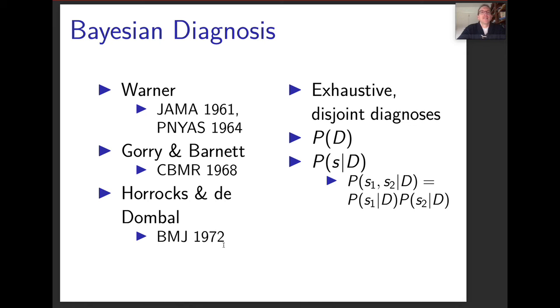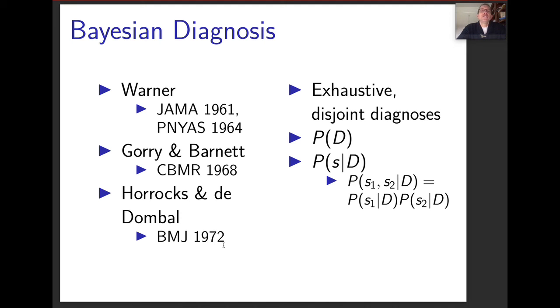And disjoint diagnoses mean you can only have one. I can't have both disease 1 and 3. If I have disease 1 and 3 in my model, I really need to come up with a new disease that is the combination of those 1 and 3.